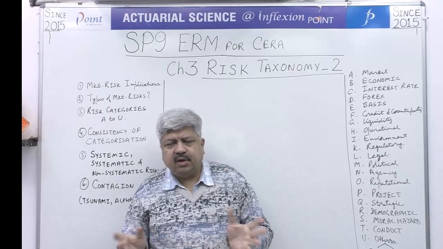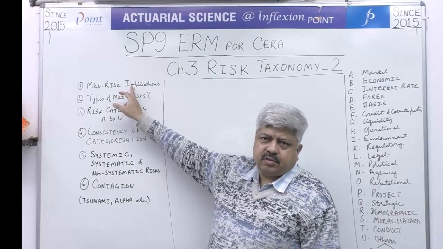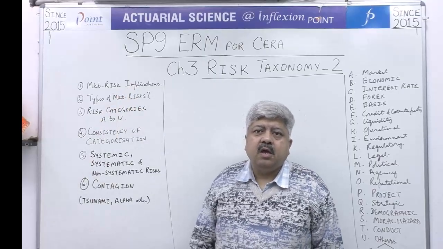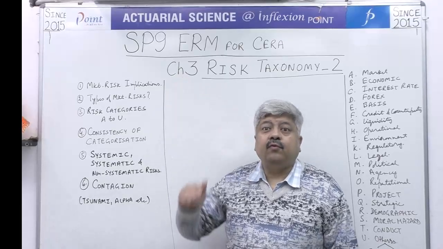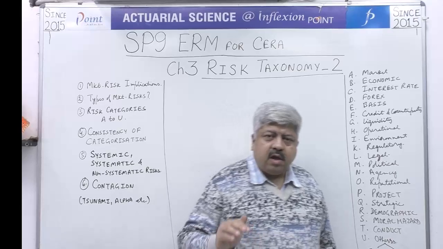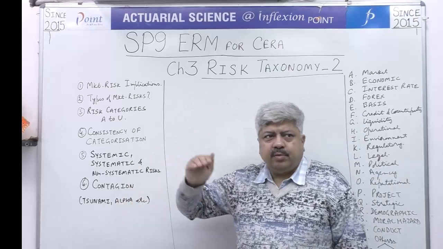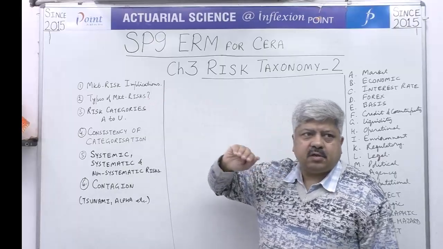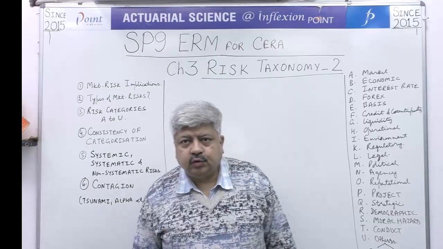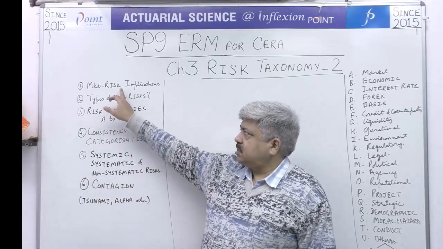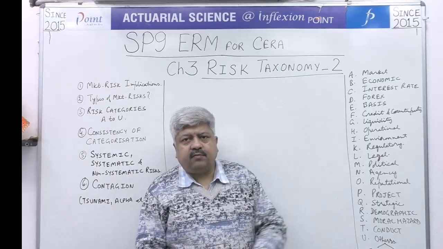So that was a brief idea of how each of these risks may have consequences, may have implications. To foresee these implications, and to make advance preparations to be able to withstand these implications is our job. So, having discussed implications of market risk, I return to the categories of risk.